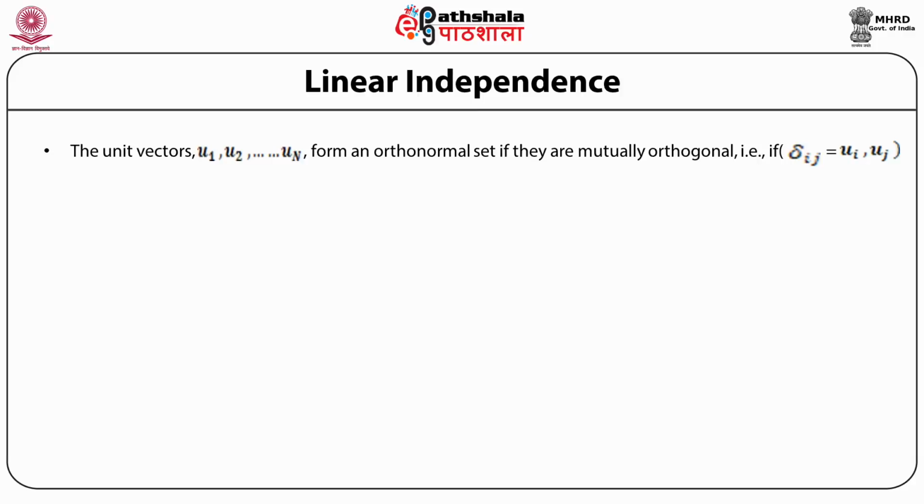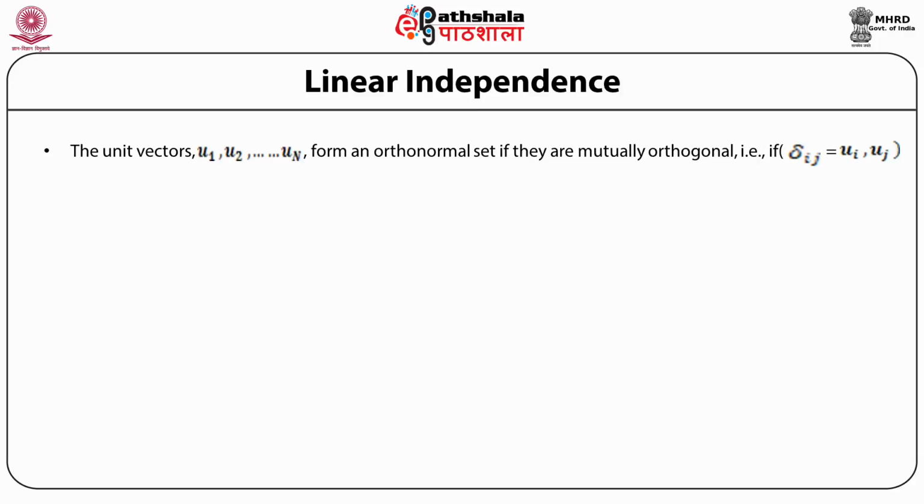Mathematically, this can be defined as that if there are two vectors ui and uj, then the scalar or the inner product of the vectors ui and uj is equal to delta ij, where delta ij is 0 for i not equal to j and is equal to 1 for i equal to j.